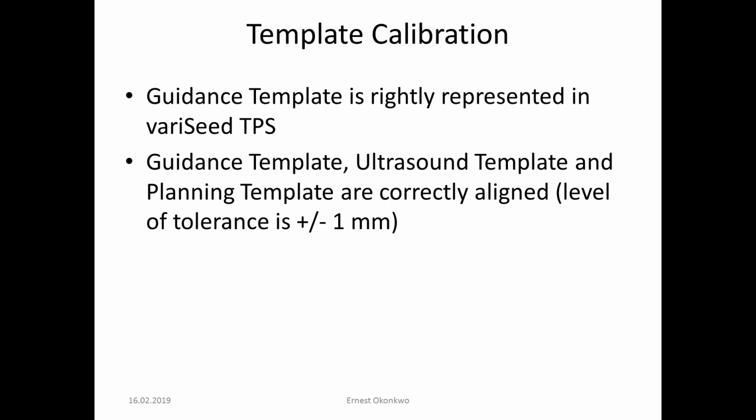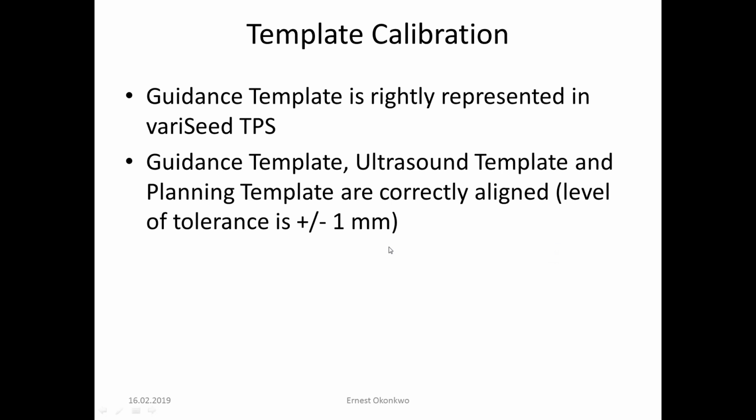At the end of the day, you would be giving the patient a totally different treatment than planned. So the guidance template, the ultrasound template, and the planning template should be correctly aligned, and the tolerance should be within plus or minus 1 millimeter.